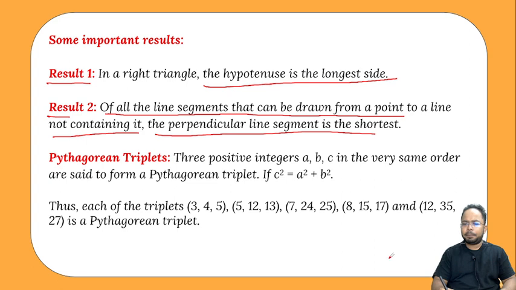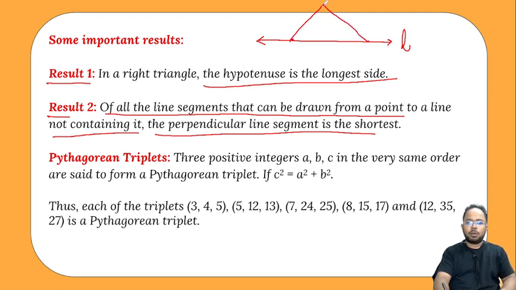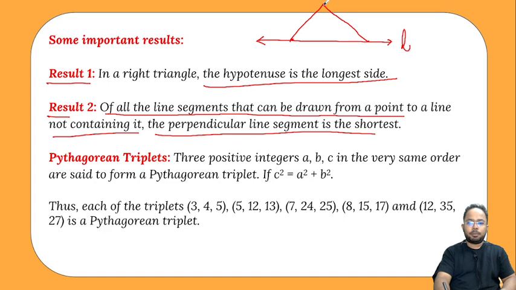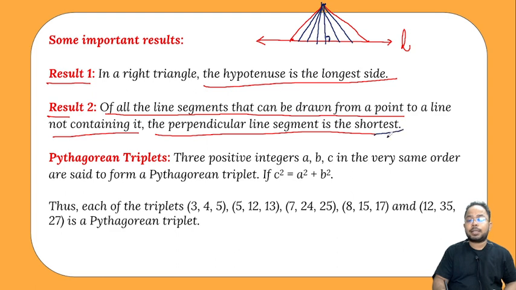What does it mean? Suppose we have a line L over here, and suppose we are making a triangle and taking a point over here which is not lying on this line L. Now if I draw a lot of different lines from here, out of all the different lines I am drawing, the line which is perpendicular to the base is going to be the shortest.